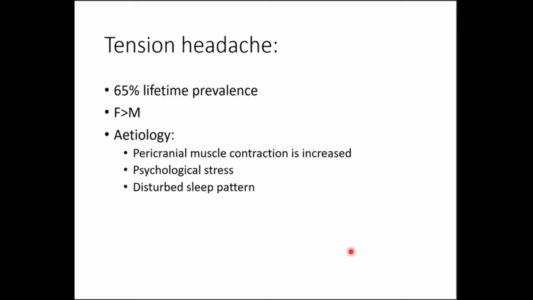So there's no specific etiology. However, the general theme associated with the etiology of tension headaches is that it's psychological stress or disturbed sleep pattern leading to persistent pericranial muscle contraction, and then pain, as that's one of the structures around the skull, which is sensitive and may lead to the symptoms of headaches.